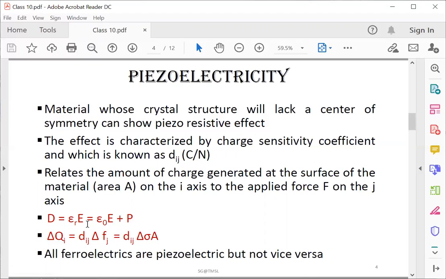E is the electric field. Here D is the displacement.